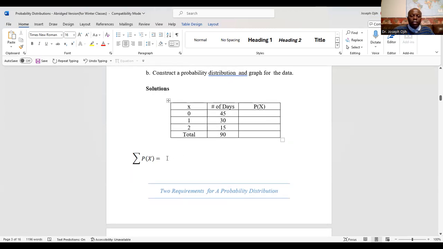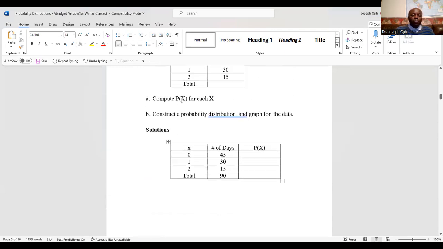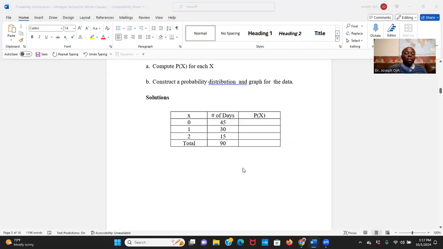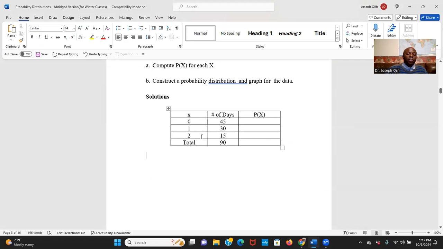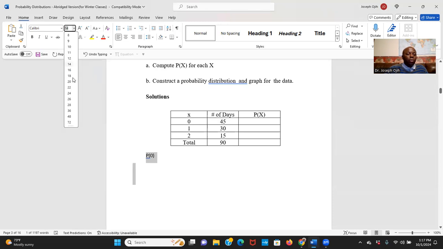Now let's find the P(X), because the question says compute P(X) for each X. We start with the first one, which is the probability of 0, P(0). I'm going to make the font 18 because it's too small here.